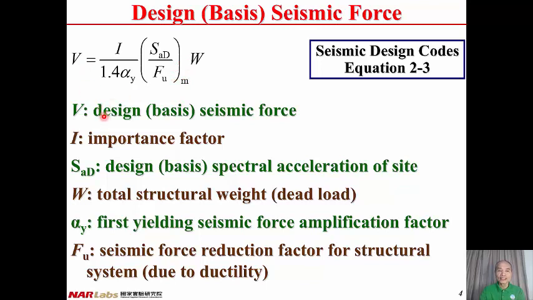V here is the design basis seismic force. I here is the importance factor. The more important the building, the higher the importance factor, and therefore the larger the design seismic force. SAD is the design basis spectral acceleration of the site.